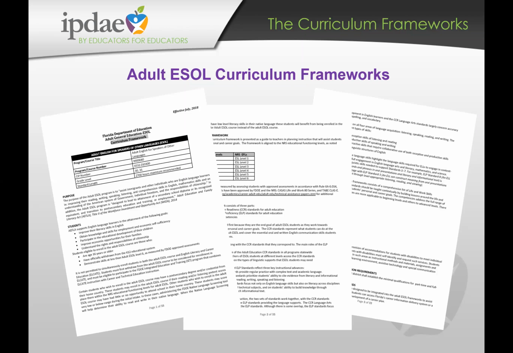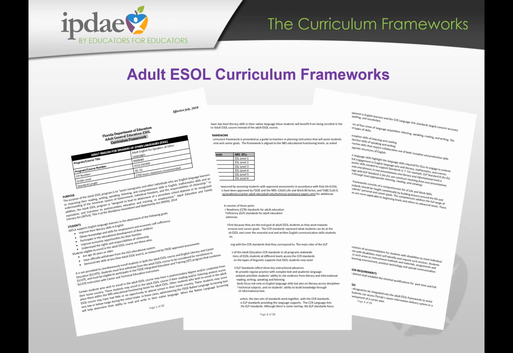So you can start looking at it and browsing through it and seeing what has changed, because there's a lot of changes in these curriculum frameworks. In addition to that, I also added a copy of the adult ESOL curriculum frameworks in the webinar materials. So I'll show you how to access that later on.